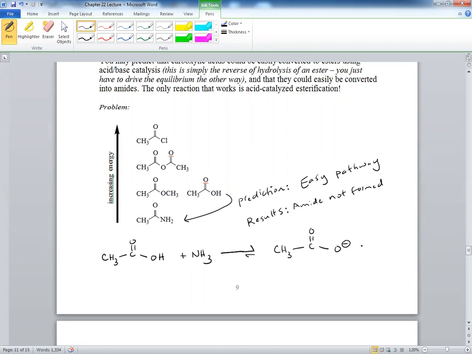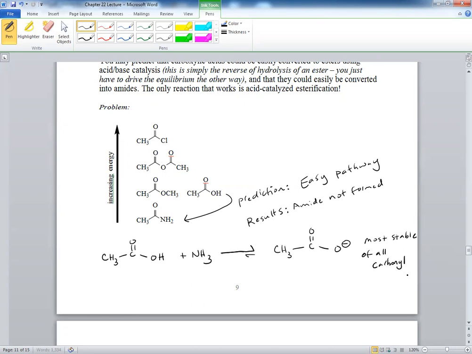And for a very simple reason. Before we tell you the reason, let's actually write why it stops here, because carboxylate is the most stable of all carbonyls.